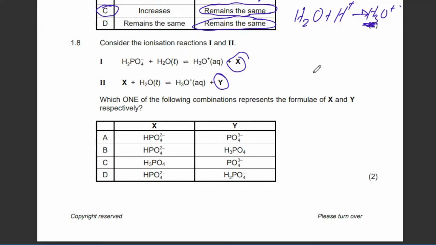Then it means that species X is going to remain 1. So if it remains 1, okay, let me show you what I'm saying. It's going to remain 1.